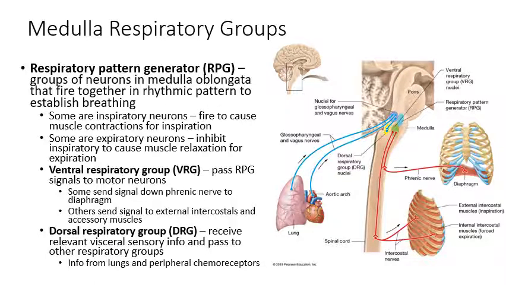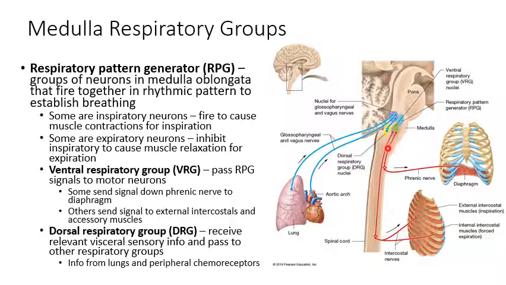So actually those would be generally counted as part of the respiratory pattern generator, not separate from it, but that's all kind of semantics. The ventral respiratory group is more responsible for directly passing the output of the respiratory pattern generator onto muscles.